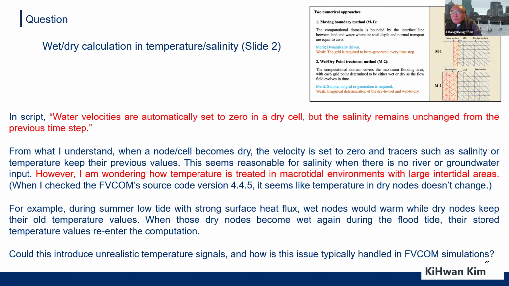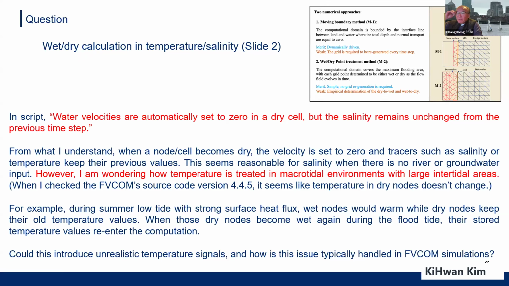So the reason we keep the previous time value is that the temperature does not change a lot. The flooding time is most likely a couple of hours, and the drying time is also a couple of hours. If you keep the temperature there, you do see the temperature difference at different locations.